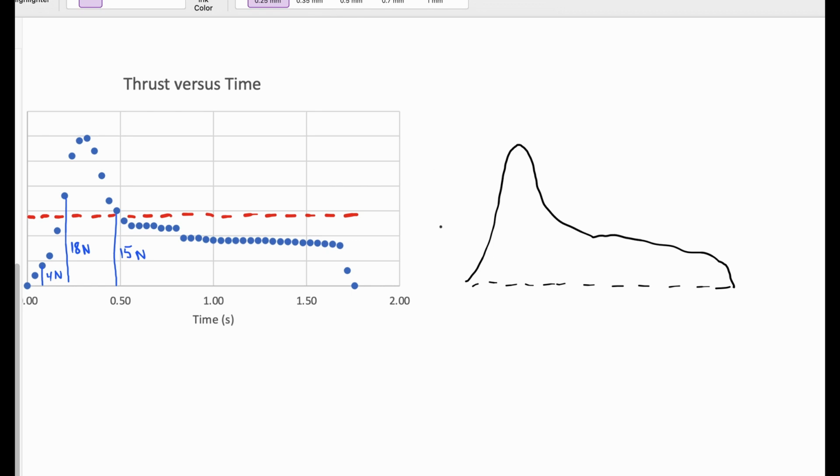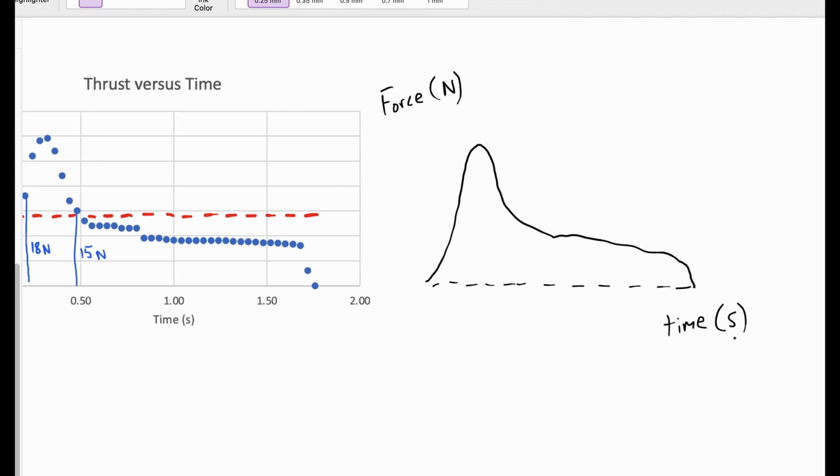So what are the units that we're dealing with in this problem? We've got force in newtons on the vertical. We've got time in seconds on the horizontal.